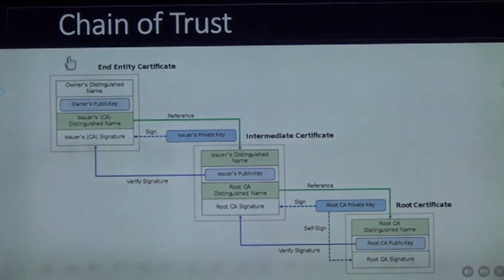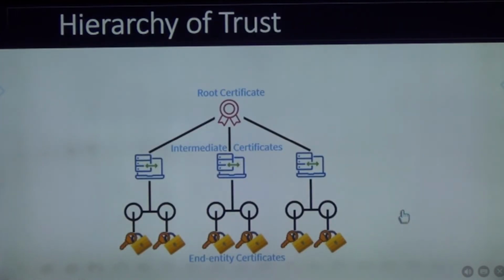You can find this out. So here CASE is the end entity, this is the intermediate certificate and the root certificate is DigiCert. So this is the hierarchy that you have: root certificate to intermediate certificates and to end entity certificates.